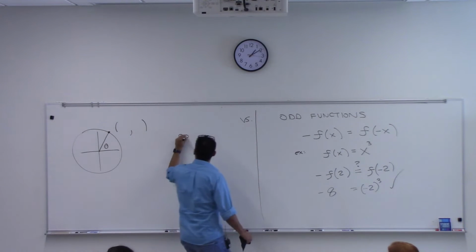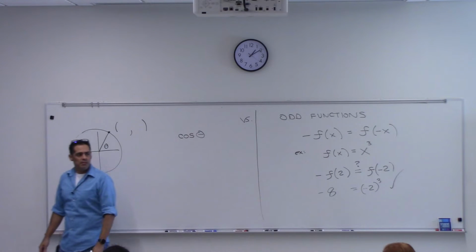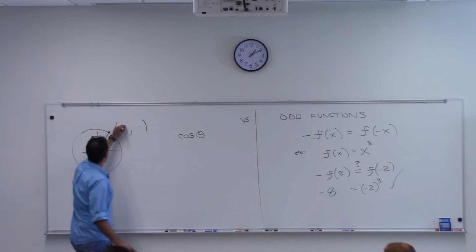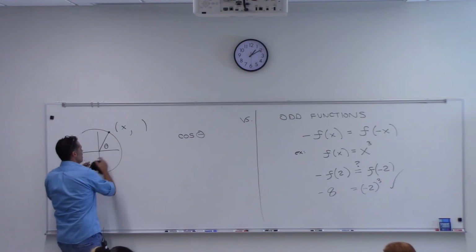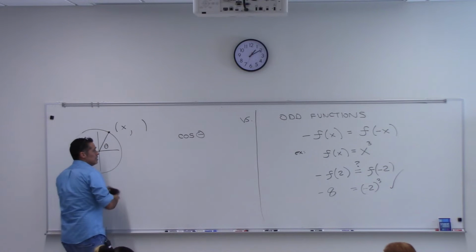Which of these coordinates is it? The x coordinate, right? The cosine is the x coordinate. So whatever this x coordinate is at this angle, that's what cosine of that angle is.